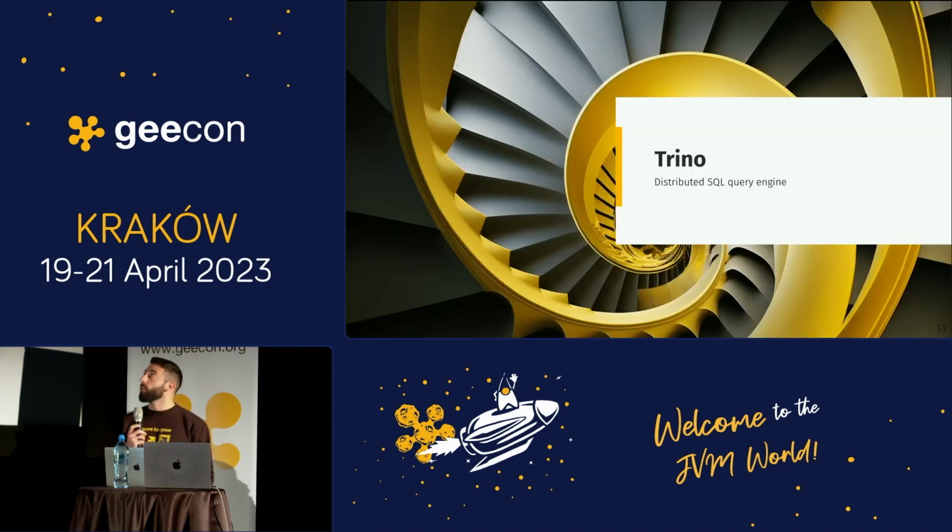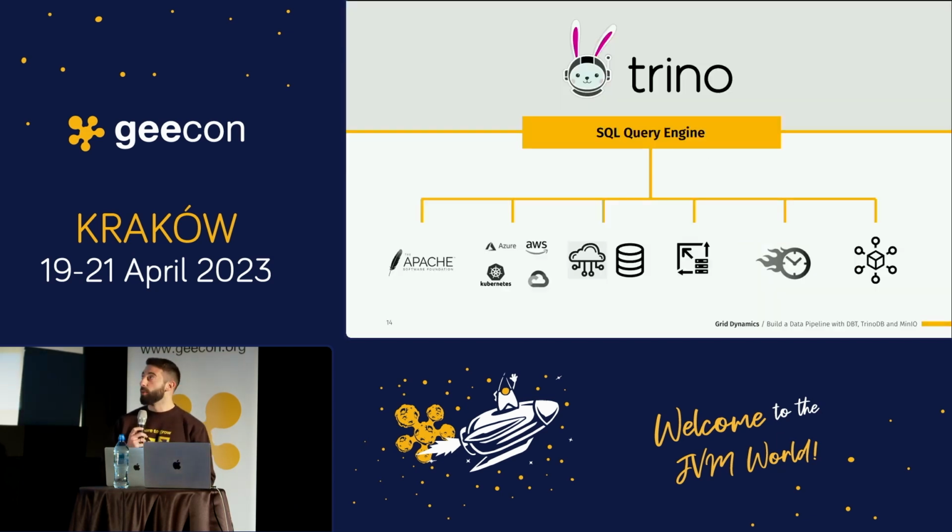All right, so now we come to the core of our pipeline, which is Trino. About Trino, as Simon mentioned before, you might have heard of Presto or PrestoSQL. Well, this is because that was the previous name of Trino.